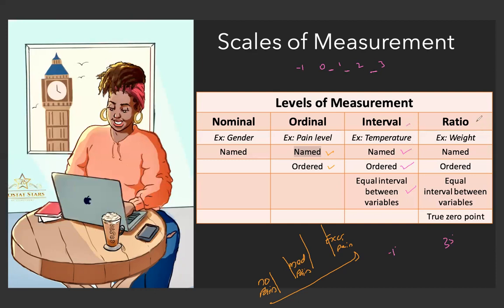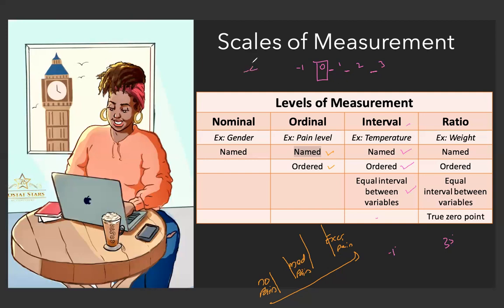Now, the thing about the interval level is it does not have a true 0 point. There is no place where it really stops. We cannot say that 0 degree is the bottom. No, because we know that there is -1 degree, which makes sense.